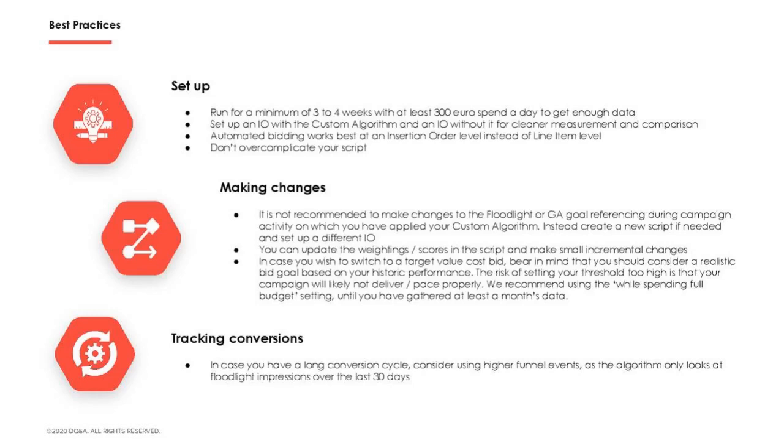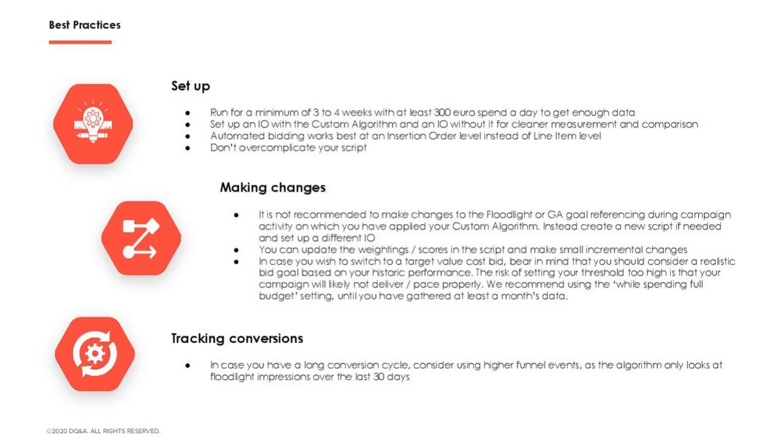So first of all, we always recommend to use the "while spending full budget" setting until you have gathered enough data. So for those who are interested in setting a target bid, we say that you need at least a month's data before you start activating any target bid.